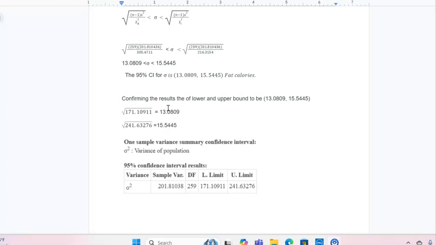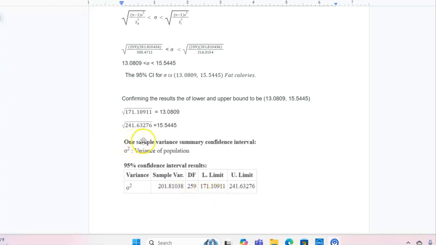In order to confirm the results of the lower and the upper bound being 13.0809 and a maximum of 15.5445, we took the numbers that we got in StatCrunch when we calculated it in there. It only does it for the variance, so all we have to do is take the square root of the answers over here.